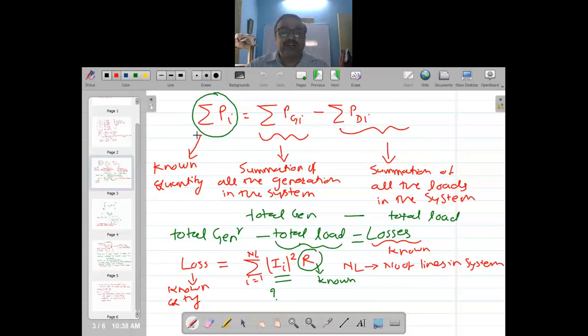At every bus I know Pi, except one bus where I know only V and delta. I don't know what is P and Q. So I cannot know what is sigma Pi. Sigma Pi will be unknown. And therefore that question will not arise now.